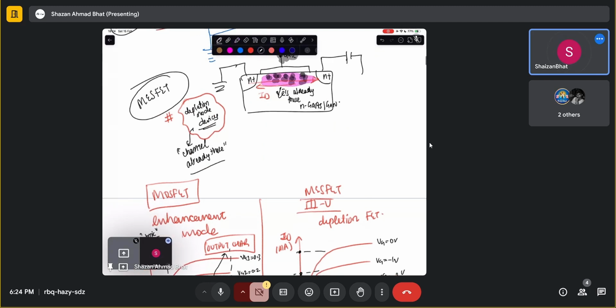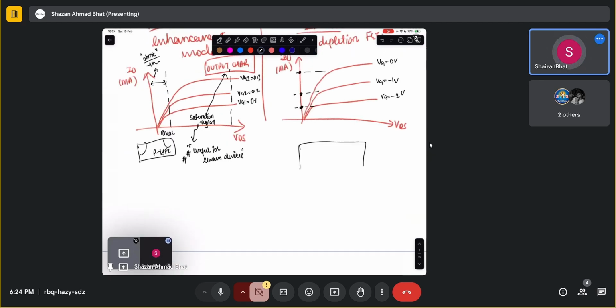If you have this structure as a MESFET, this is N plus, N plus, and this is, let's say, N GaAs. So you have these electrons here, you have a gate, and you are applying a negative voltage. The negative voltage is repelling those electrons in a basic sense, so you're depleting the channel. You're pushing the electrons towards the bottom end, so the depletion region goes in this direction.